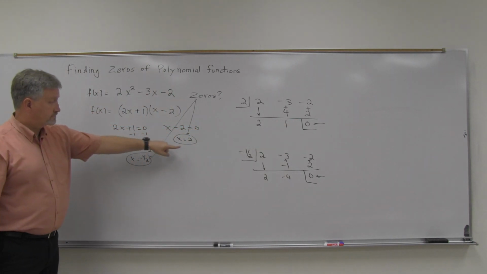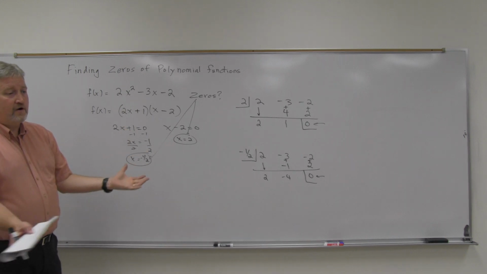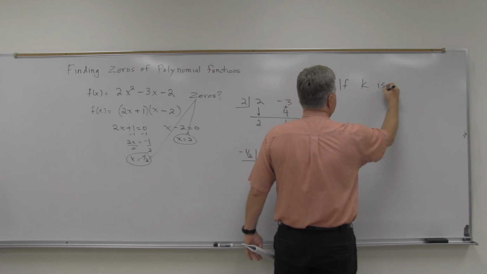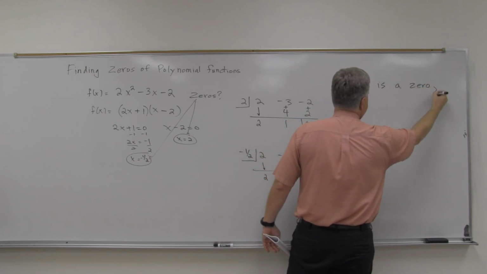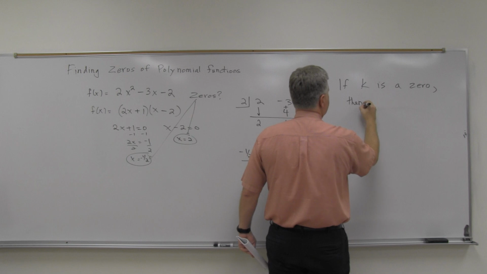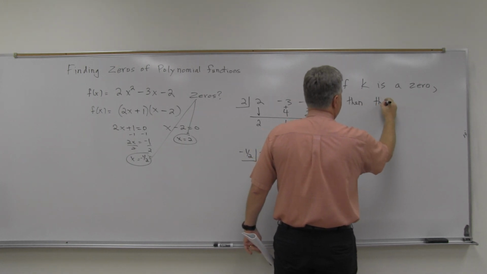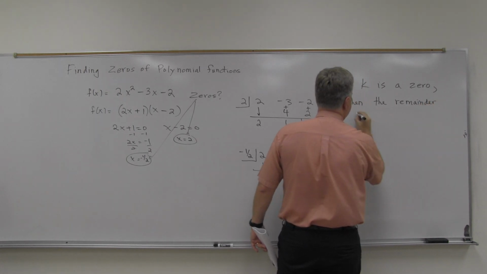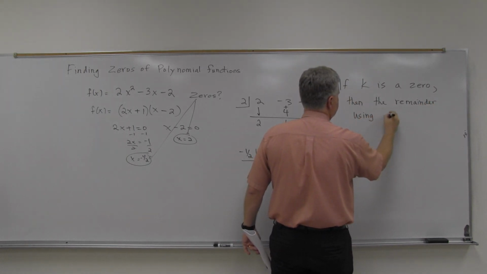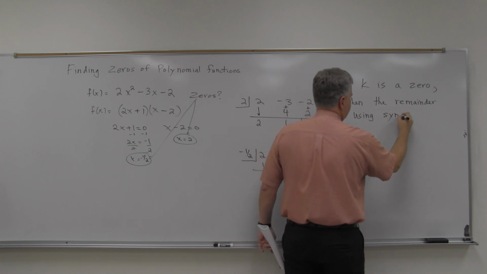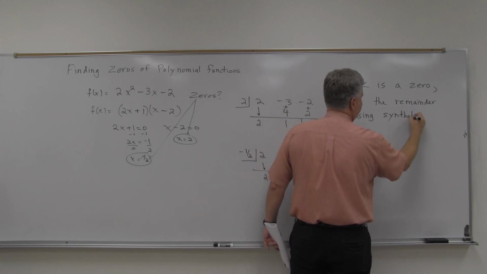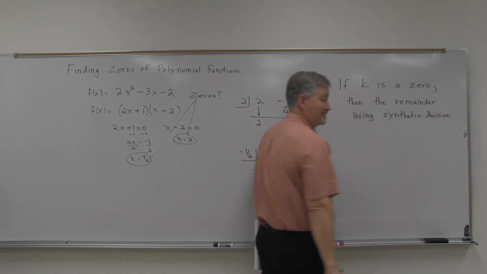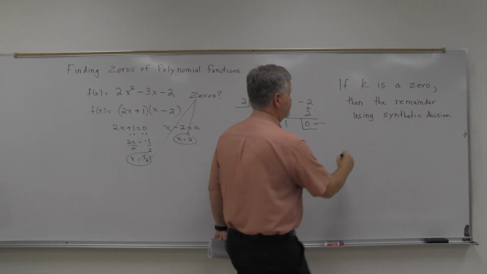So if k is a zero, then the remainder using synthetic division, or whatever division, doesn't matter really, it's really just division, but we're going to use synthetic division, is 0.